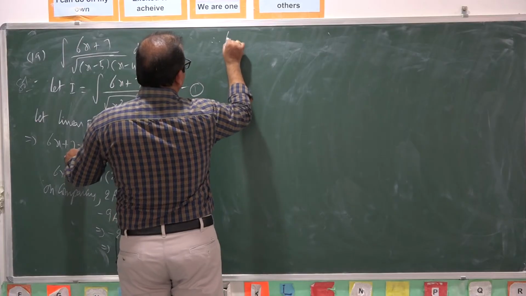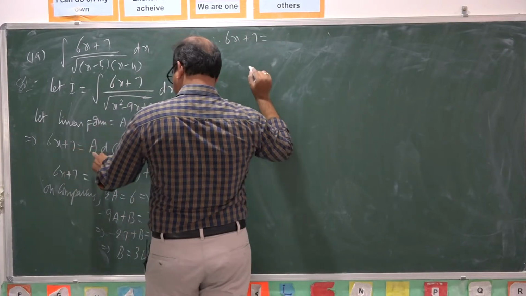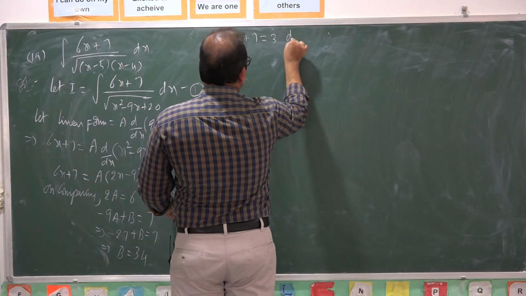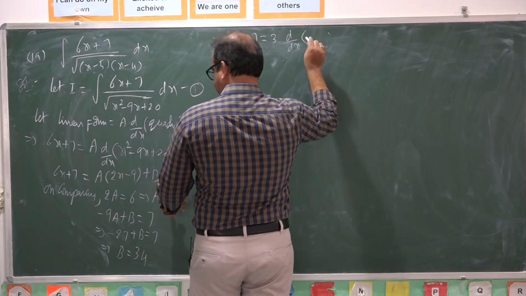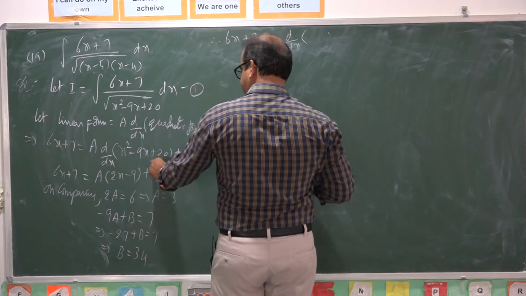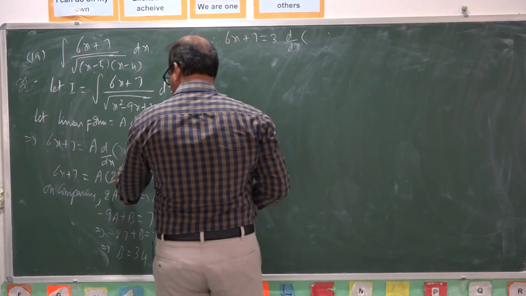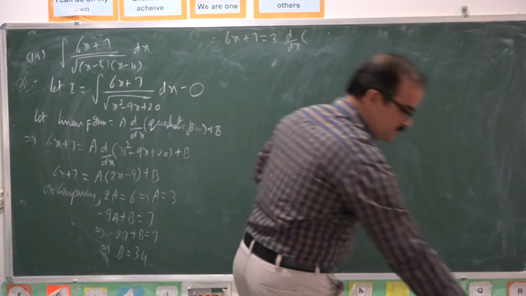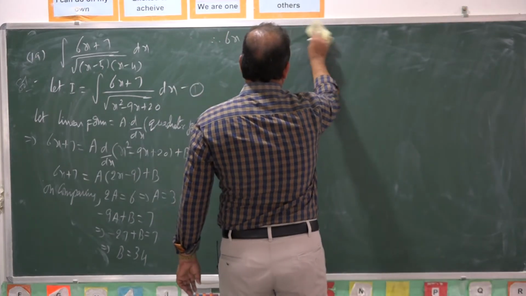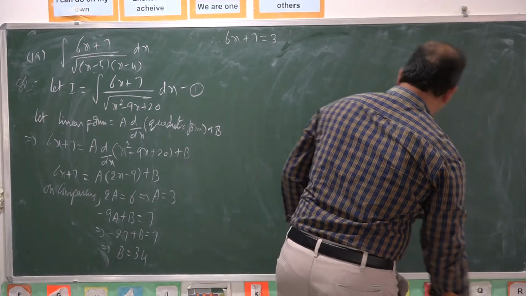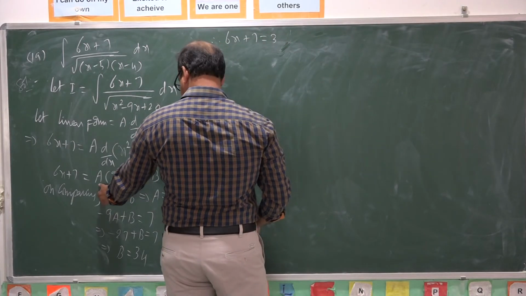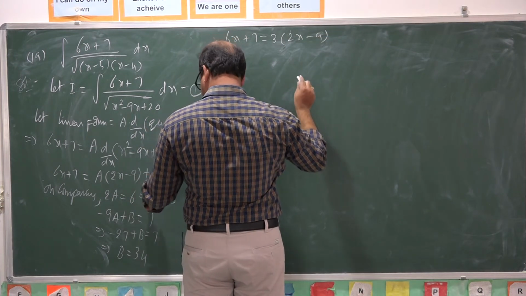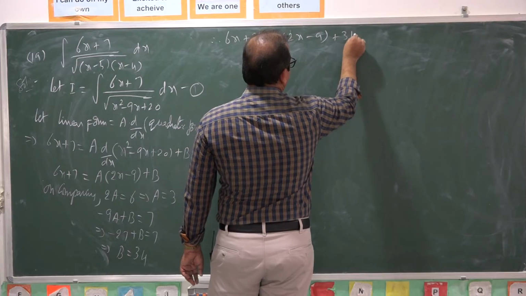Therefore 6x plus 7 is equal to 3 into d by dx of x square minus 9x plus 20, or the derivative of this is 2x minus 9, you may take that also. You write it as 3 into 2x minus 9 plus 34.